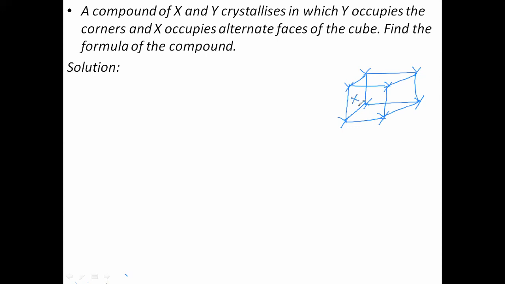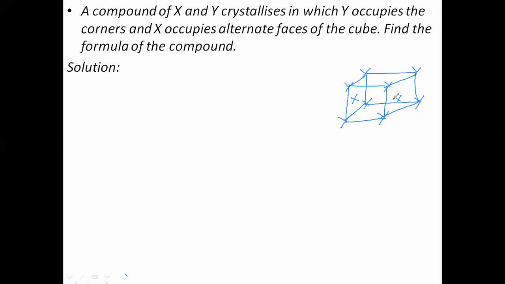If one X is here, then alternate means leave this and the next will be over here. So in this face and in this face, that means left and right. But now you cannot say the front and the back is also alternate and the top and the bottom is also alternate. If I put one on top, then this top and this particular side are not alternate, they become adjacent.